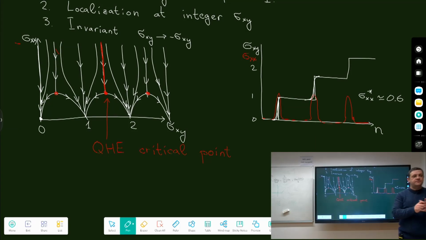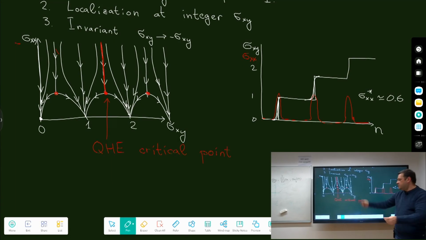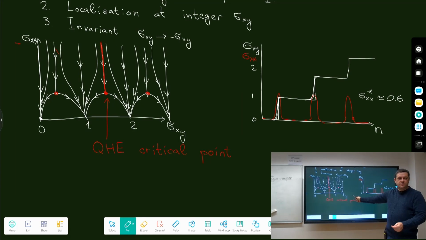But you're telling me that at large n it doesn't work. No, no, no. At large n I said the opposite. At large n, it works better than at small n. At large n, I can prove that this is the measurable sigma xy, and at small n, it's harder to prove.